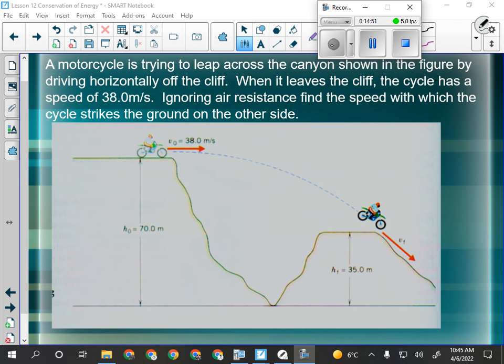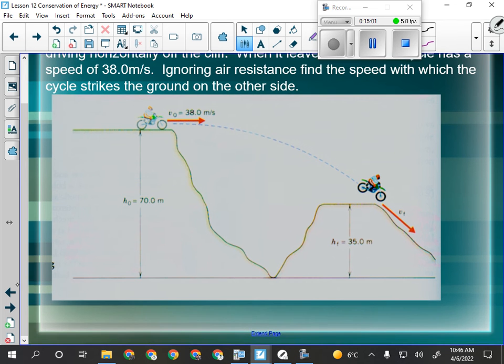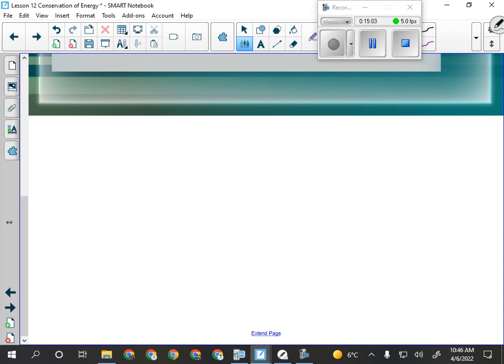All right, so what we know in this question, okay, because we're kind of told that energy is conserved, right, is that we know VI, we know HI, we know HF, and we're looking for VF. Okay, so we start out as we would start out with any conservation of energy question. And we write out the law of conservation of energy. Initial equals final. Okay, it all has to be there and all has to be accounted for.